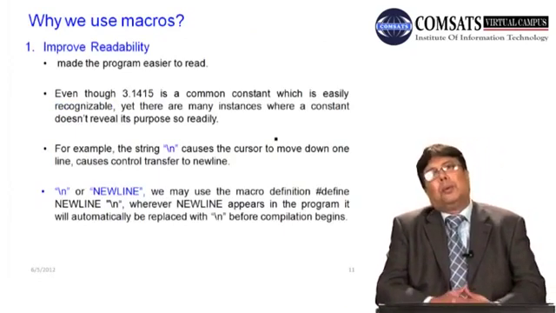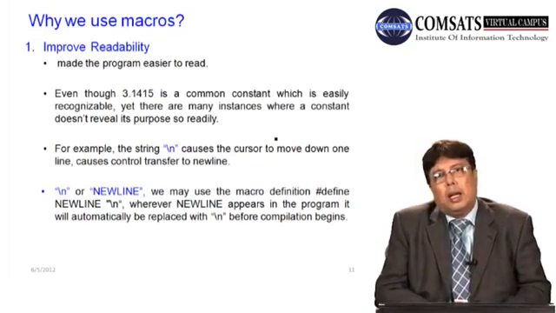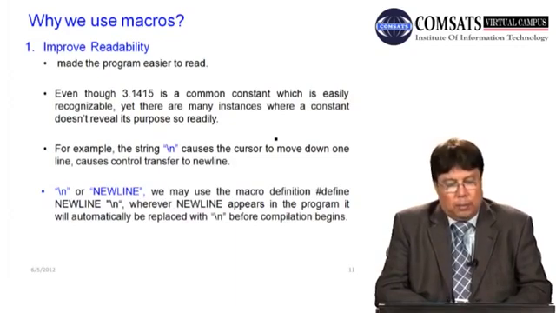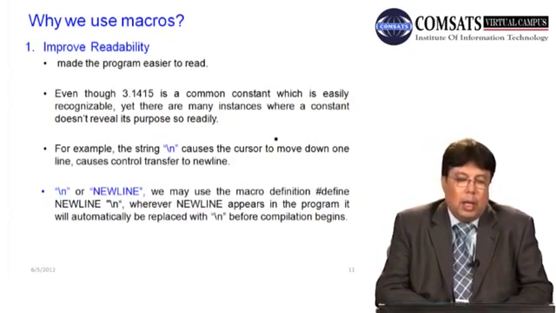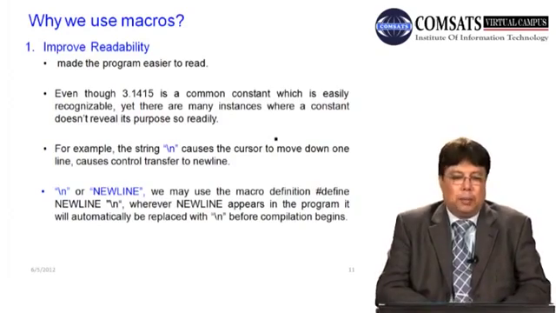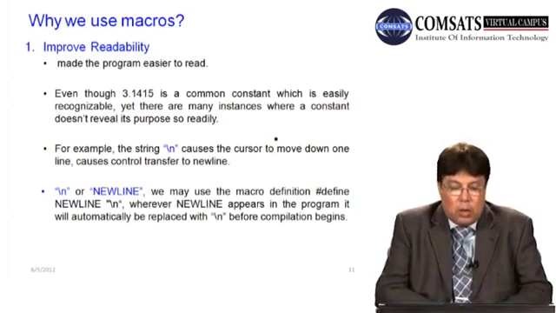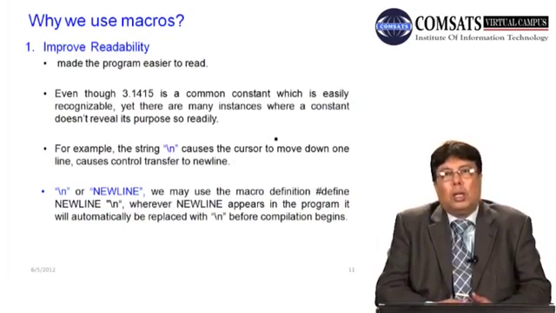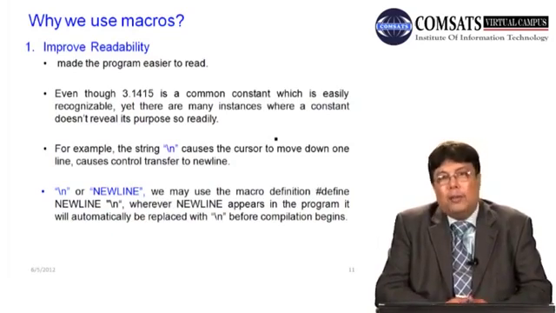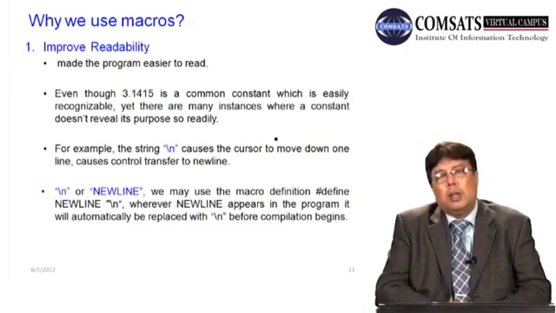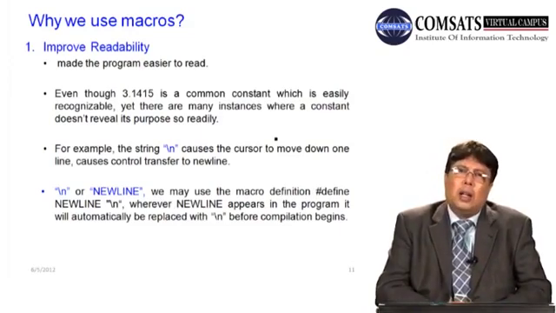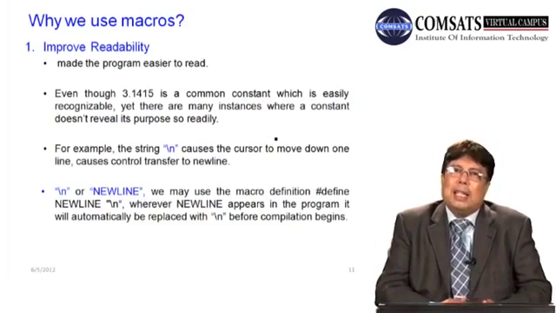Why do we use macros? That could be a very important question. The answer, number one, is that it improves readability and makes the code easier to read. Although 3.1415 is a very commonly used constant and most people know it is related to pi, there are a number of other examples where the constant does not make any sense.